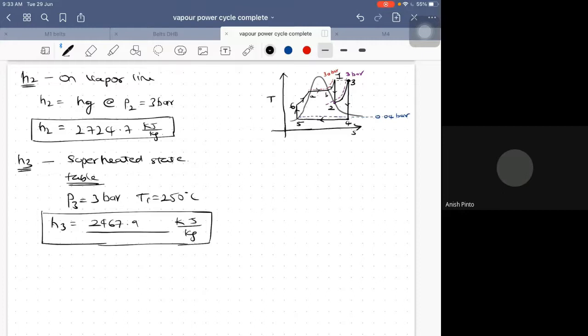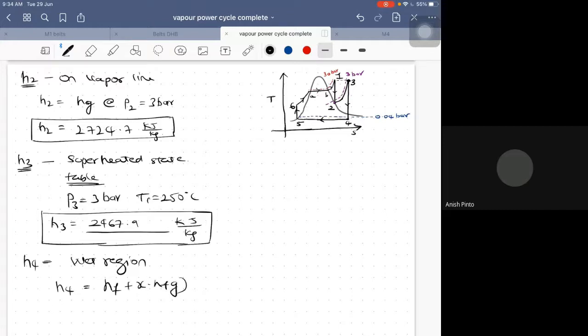Now, H4. H4 is in which state? It's in the wet region. If it is in the wet region, how will I calculate my H4? Hf plus x into Hfg.